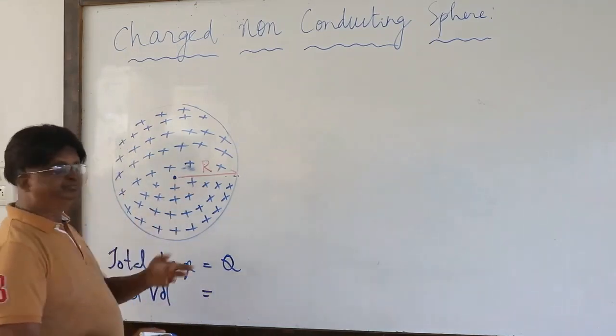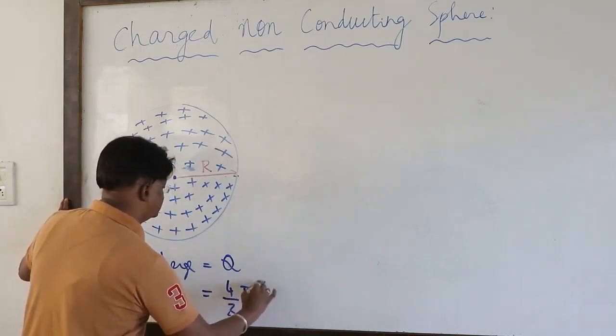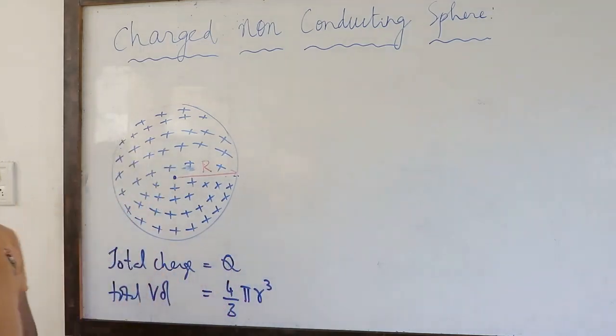Since R is the radius, I am taking the volume as 4/3 pi R cubed.